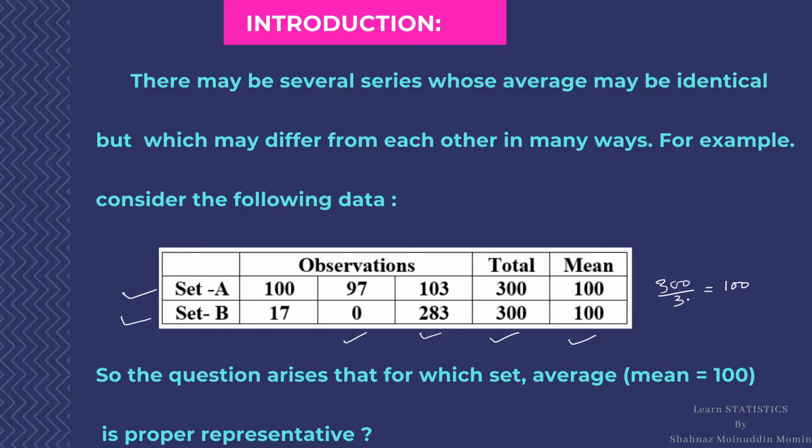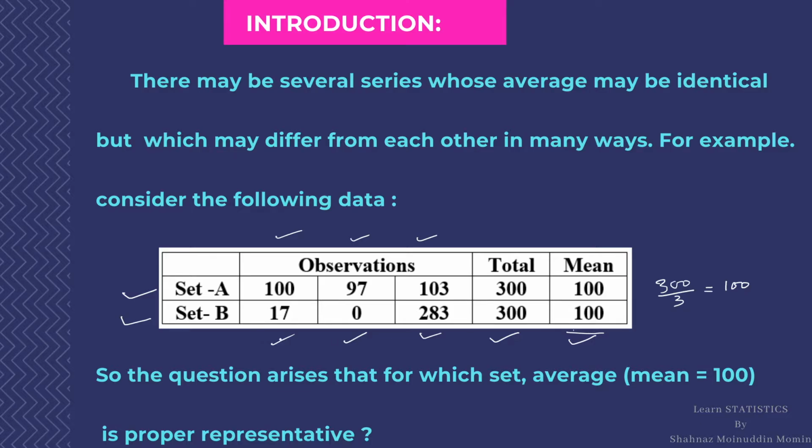So the question arises that for which set the average is proper representative. If we observe carefully the given data, we see that set A has the values 100, 97 and 103, which are near to the average 100. But on the other hand, if we observe the set B values 17, 0 and 283, then all these three values are far away from the average 100.